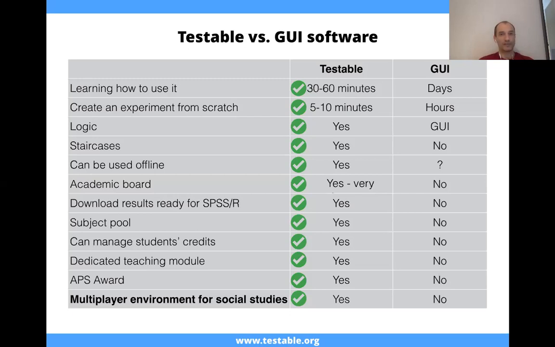We have a very strong academic board. We produce all the results in an easy-to-use format for SPSS and for R, for data analysis. We have our own subject pool, which ensures a direct connection between the experiment and the participants. We can also use this subject pool to manage students' credits, similar to the SONA system that you have in some universities.